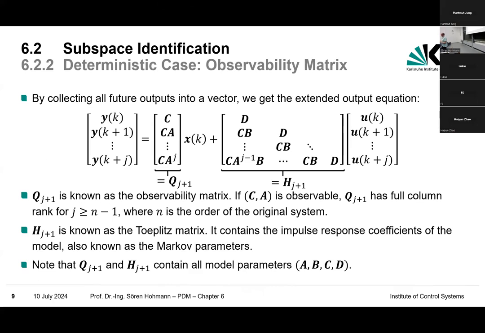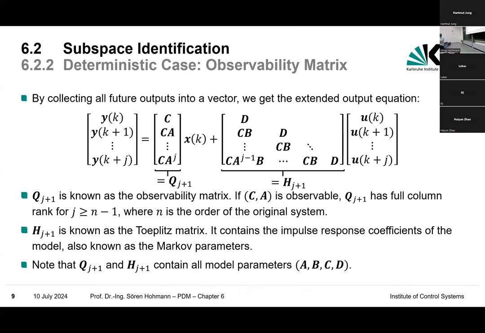Yes or no? Well, first step, let's try. We first start with the first step, of course. Always start with the first step in your life. And we try to discover Q and H, in particular Q, because if we have Q, then we have C and A. And with C and A, we probably get B and D. This might be the way to go.